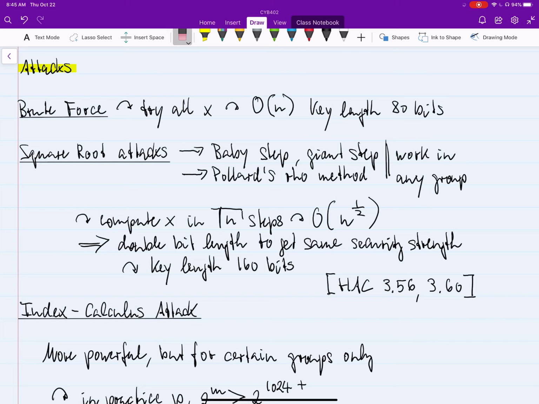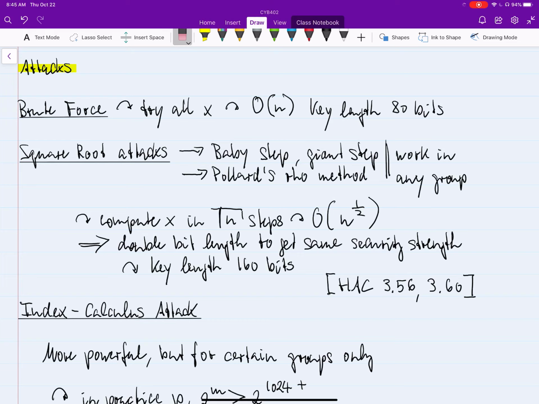So the security margin is obviously some factor. If an attack reduces the key length by a factor, we make up for that and double the efficient key length that the attack leaves us with.